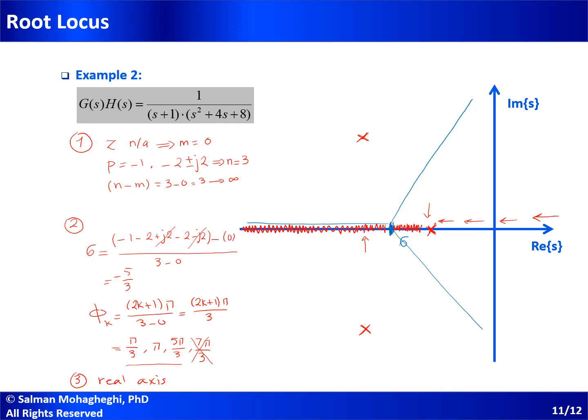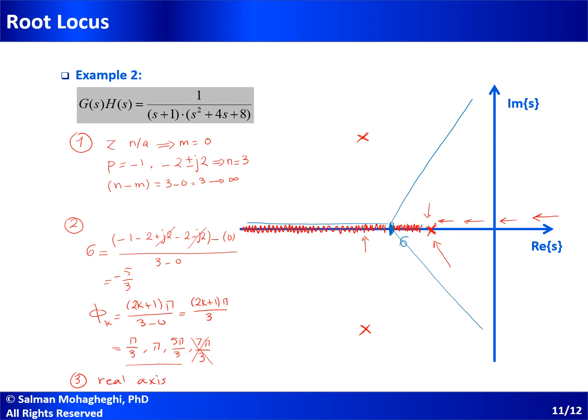So now that I have my asymptotes, I know that 2 of the poles will move along those 2 asymptotes that have angles of 60 and minus 60, and the other pole will move along the third asymptote. This pole that I'm showing with the red arrow is going towards infinity along the real axis, and the real axis itself is an asymptote, so this is already taken care of.